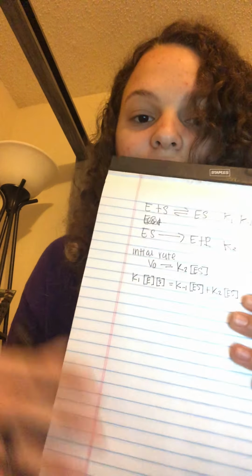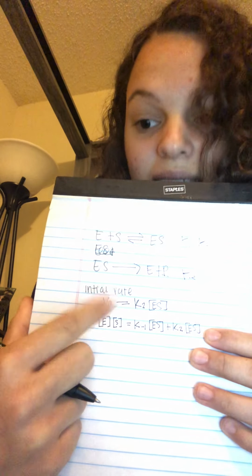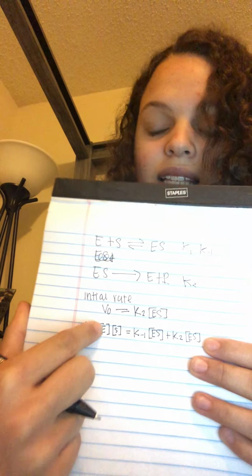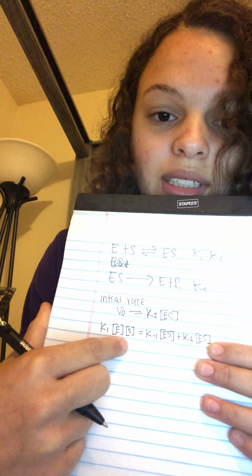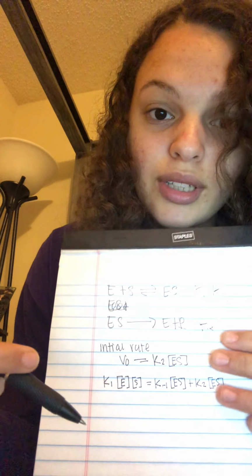But in this equation, we do not know the concentration of the free enzyme E. This is because some of it is bound and some of it is not, meaning some is bound to the substrate, and some is free.